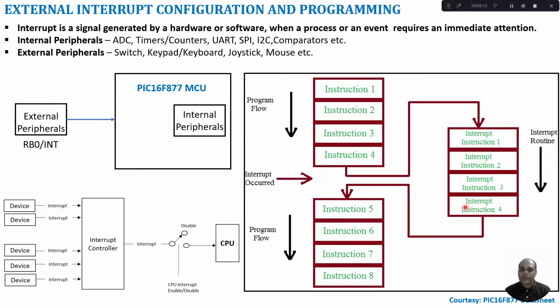It will come back to the program counter value and registers associated with it, and then the main program continues with instruction 5, instruction 6, instruction 7 and instruction 8. Thereby, whenever a peripheral needs to use the CPU, it will make a request, and at that time alone the CPU will try to execute the program related to it.